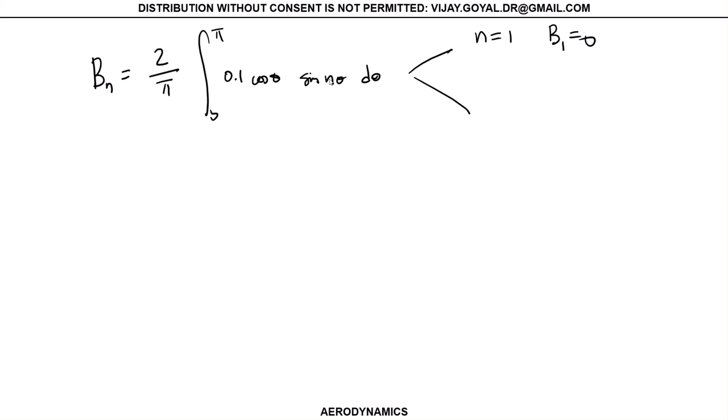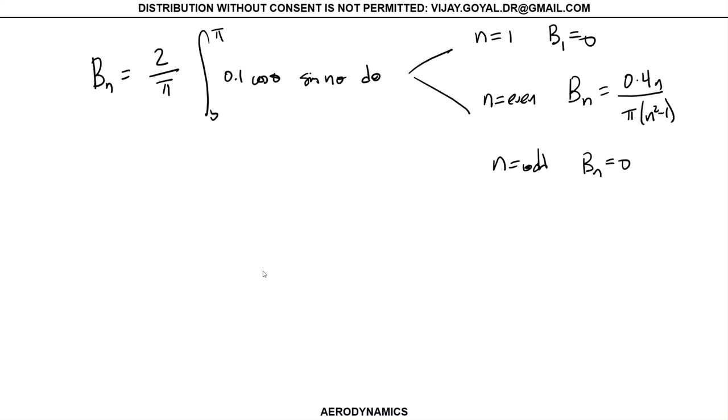Remember, n odd and n even go separately. When n is even, then what you can show is that b_n is equal to 0.4n. You can do that mathematics for yourself. When n is odd, an odd number, then b_n is equal to 0.